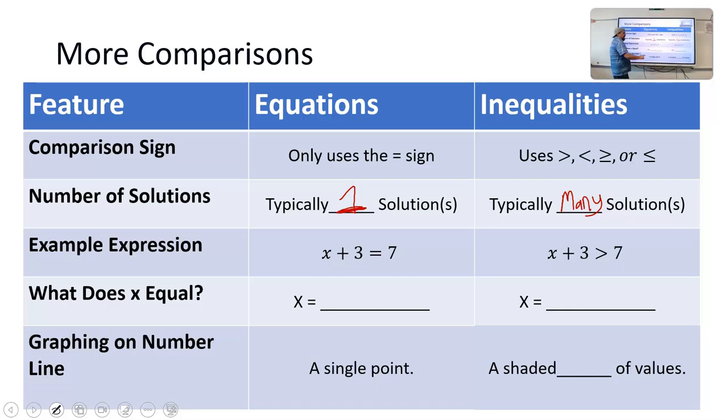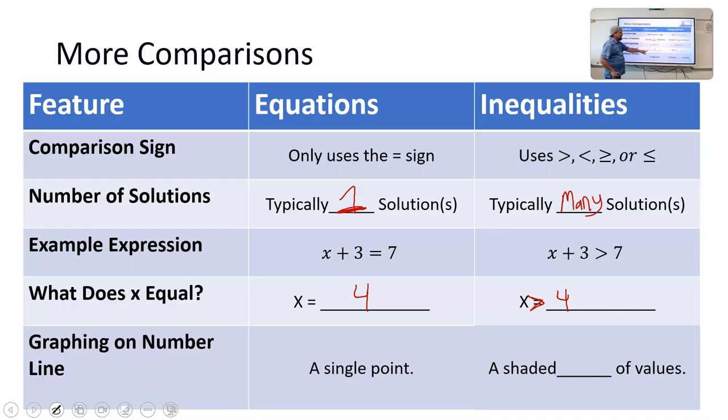So here's an example. x plus 3 equals 7 is an equation. x plus 3 is greater than 7 is an inequality. What does x equal? In the first case, x would be equal to 4. But in the second case, I should say x is greater than 4.